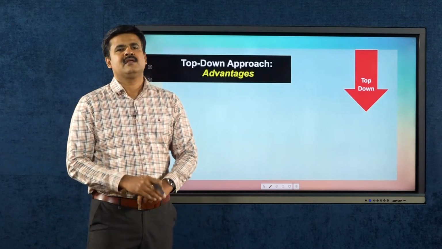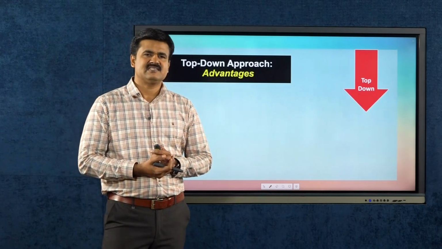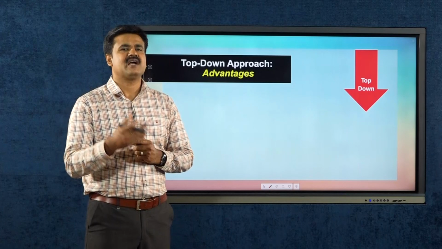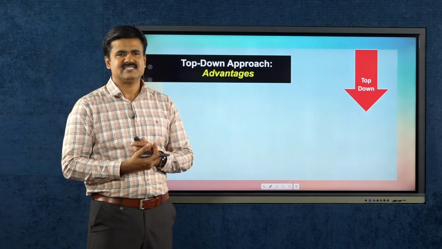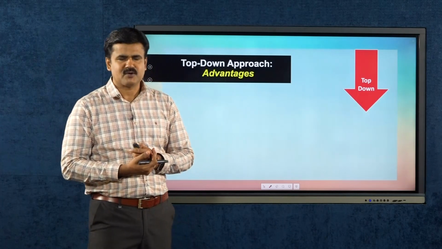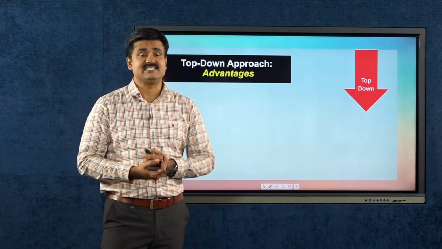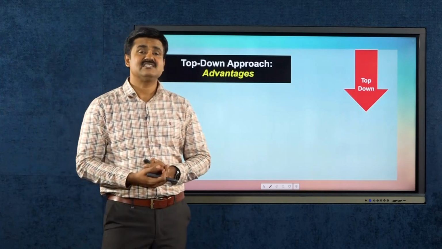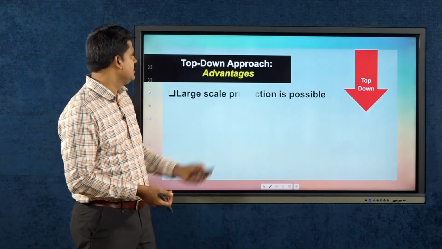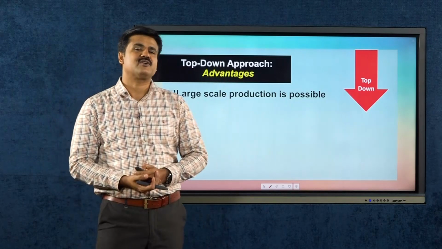Now, after the discussion of various top-down methods, we have to finalize our discussion. Before ending the discussion on the top-down synthetic approach, we have to consider the advantages and disadvantages of the top-down methods. The first advantage is that large scale production is possible.